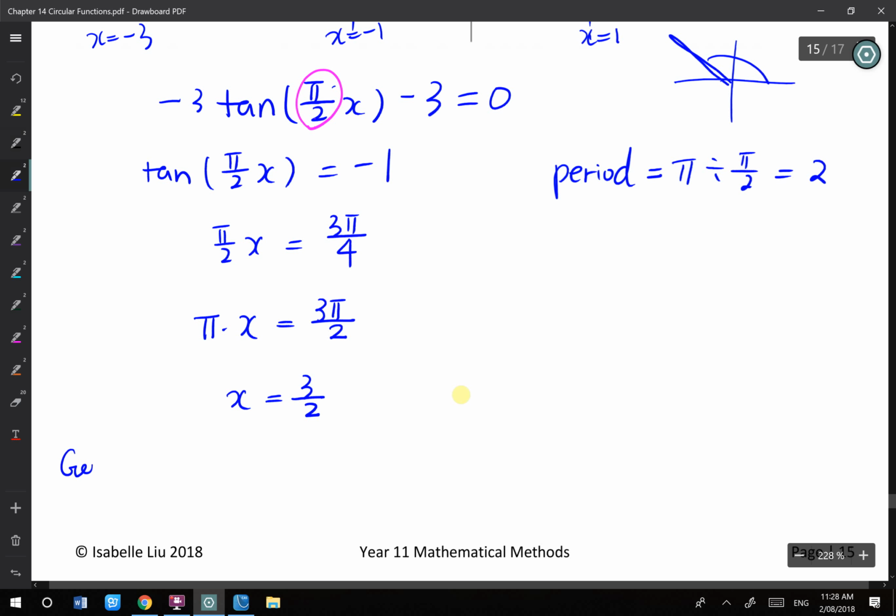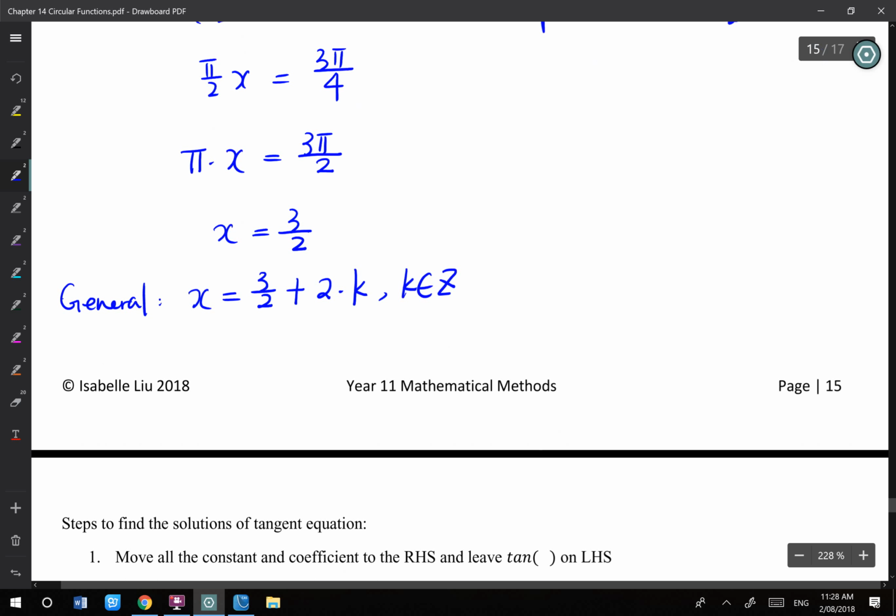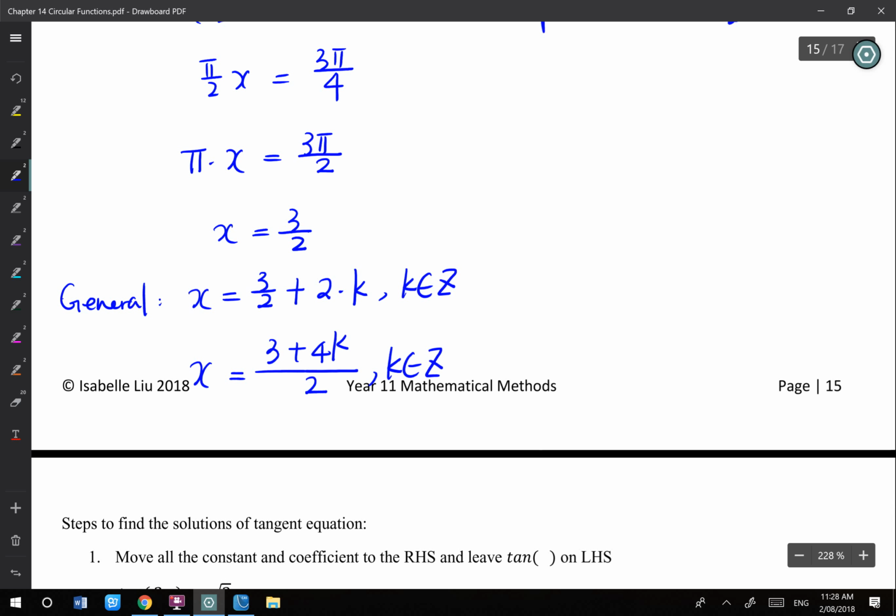So the general solution is x equals 3 over 2 plus 2 times k, where k belongs to Z. So x equals 3 plus 4k over 2, where k belongs to Z. With a common denominator, 4k over 2 is 2k.